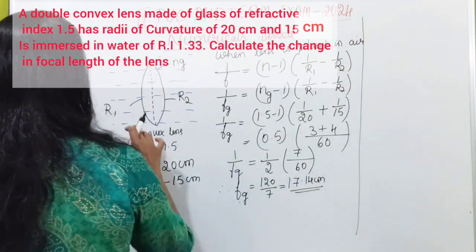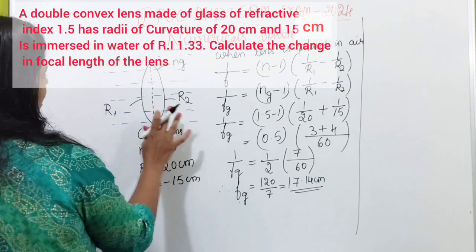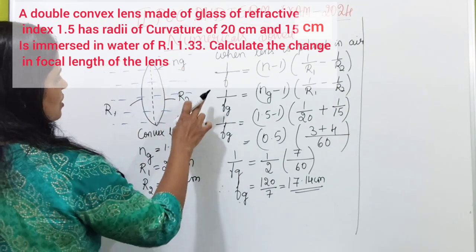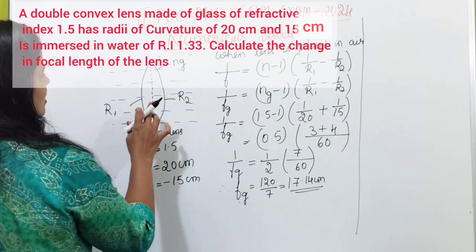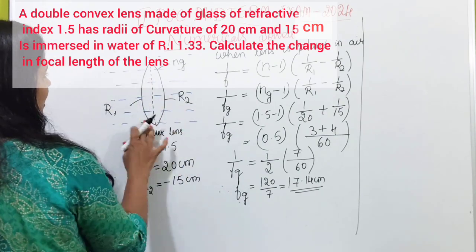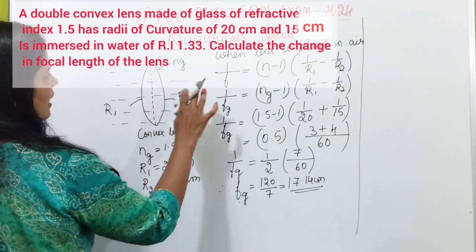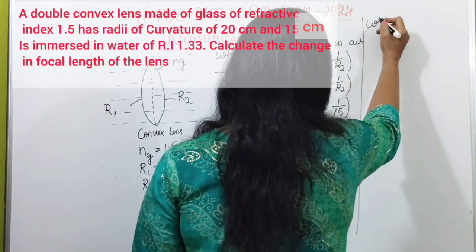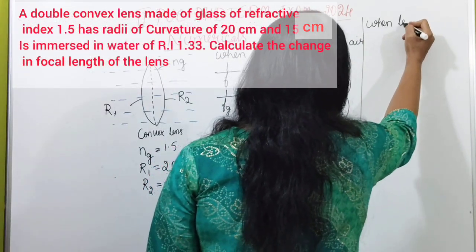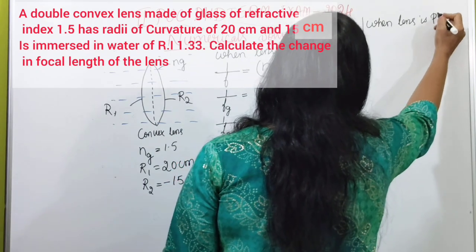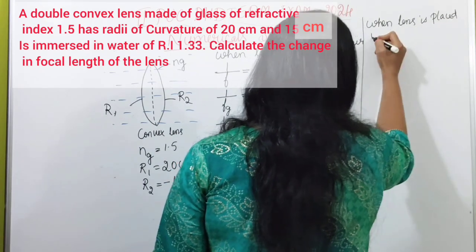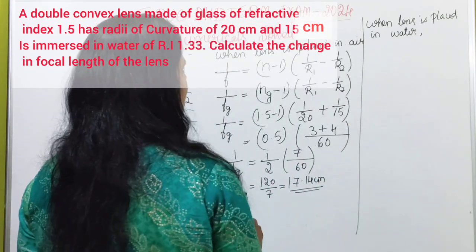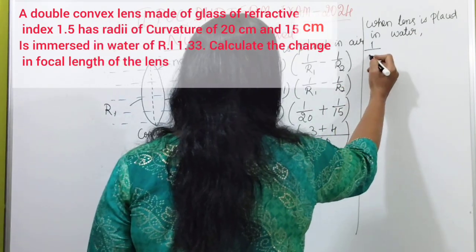Now let us place it in the water medium. When the medium changes to water, see what happens to this focal length. Refractive index of air medium is 1. That's why I have not taken it here. But when the lens is placed in water medium or any other medium, the focal length changes.